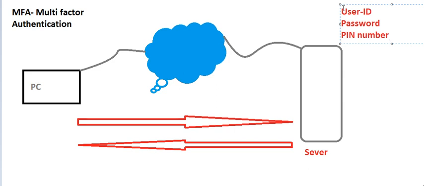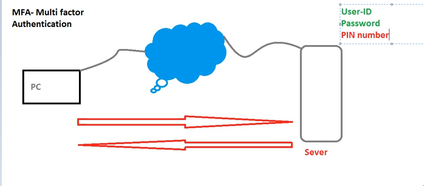If we are using only ID and password, that would be the traditional way of logging into your user account or to any other server online or on premises. But if we are using a PIN also, or any other way rather than the traditional ways, then it comes under multi-factor authentication.